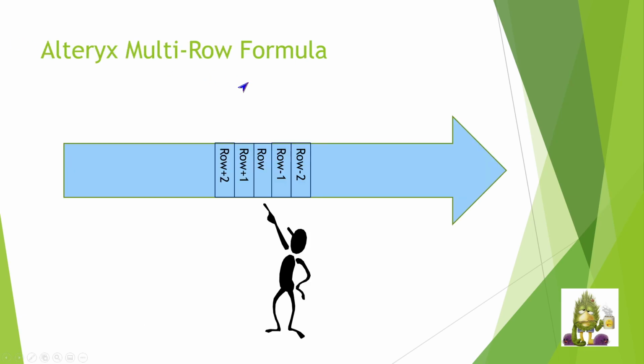The multi-row formula gives you the ability not just to operate upon one row in your data stream, but if you're at a specific row, it'll let you see rows that have already passed down the stream and those rows that have not yet arrived in the stream.